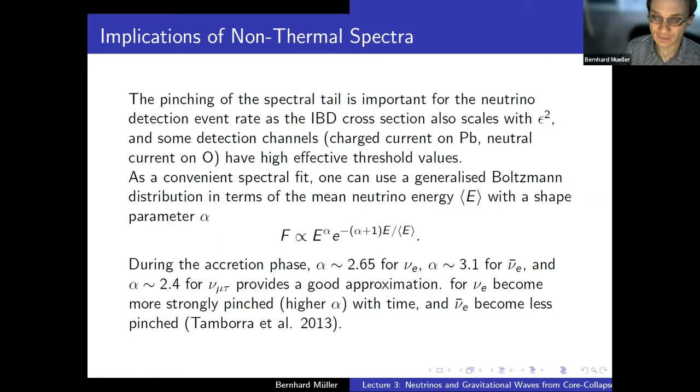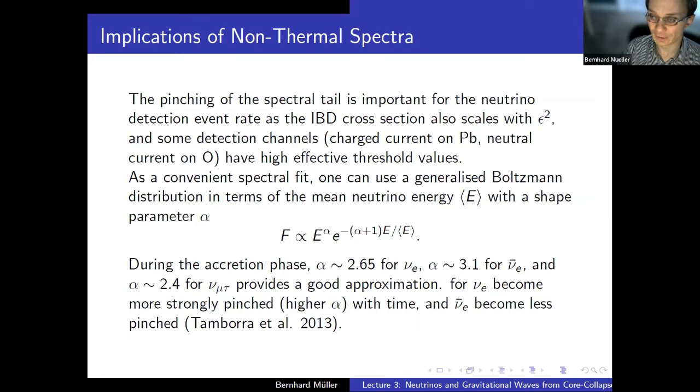This is especially important maybe for some detection channels that are sensitive to reactions with high absolute threshold values that really don't work below a certain neutrino energy density, or have at least high effective threshold values.